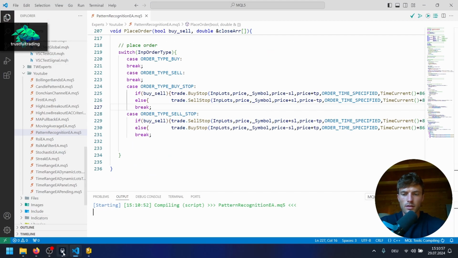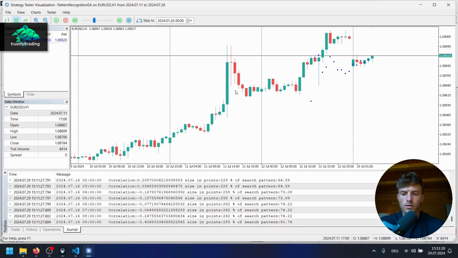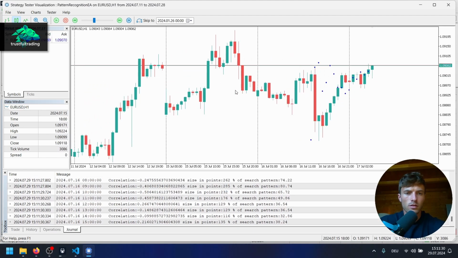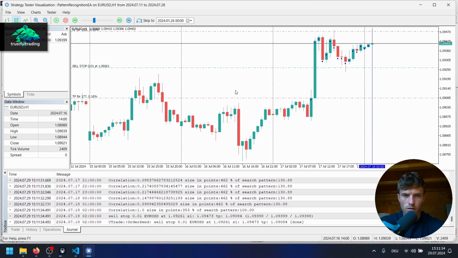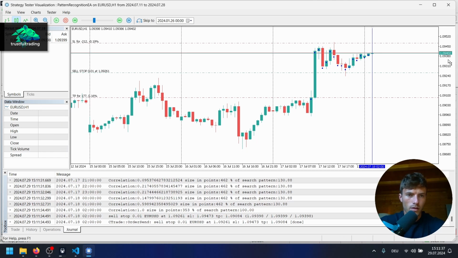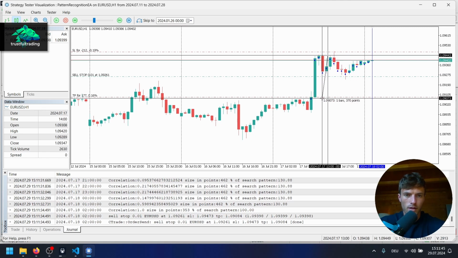And let's test this again here, first of all, with a buy stop order. And well, let's test the sell stop with these parameters. Okay. Now we can see the order sell stop at 50% of the pattern size. So this is here the pattern size.